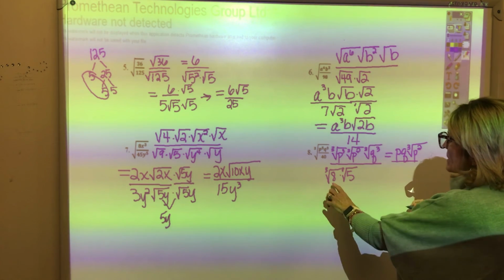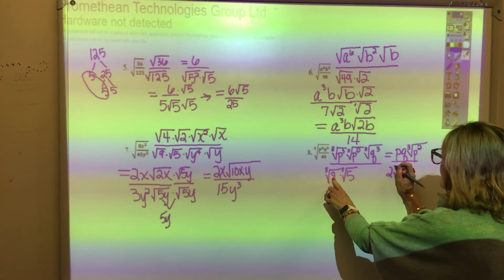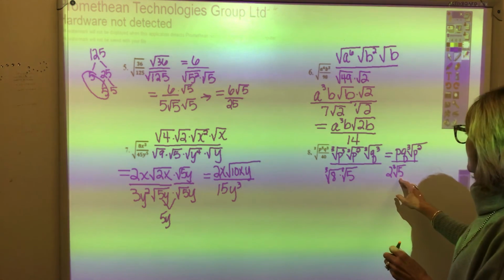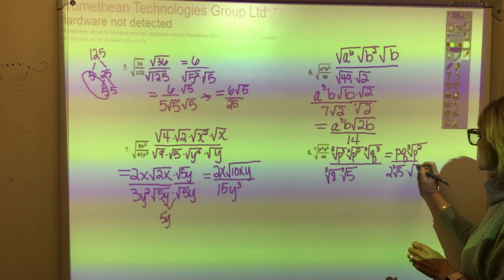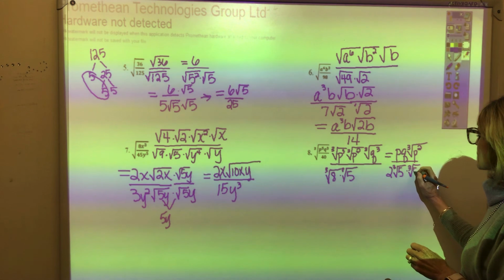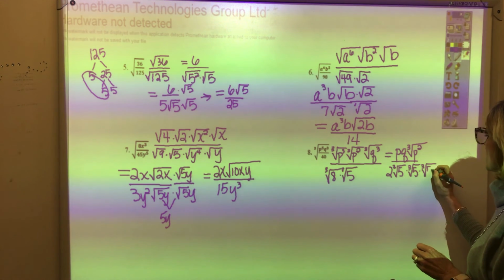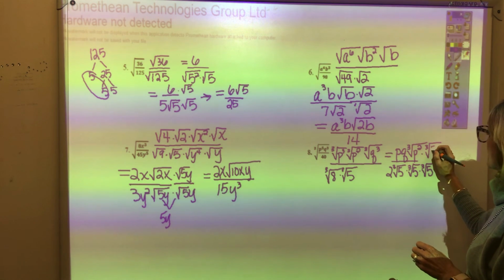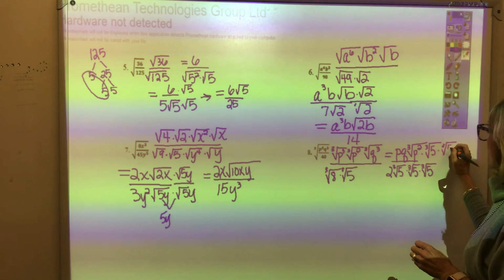In our denominator, we're going to have 2 cubed root of 5. Now since it's cubed root, we're going to need 3 of these, so we need to multiply by 2 more of them to give us a 5 that we can use in the denominator. So I'm going to put 2 more in the numerator and in the denominator, cubed root of 5.